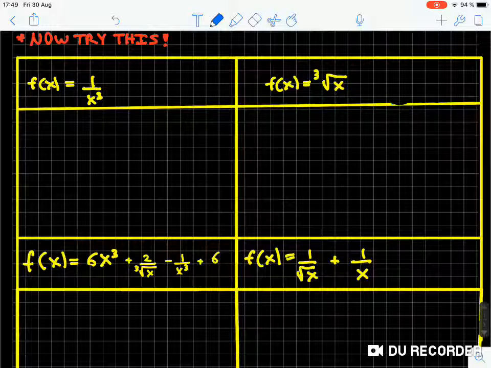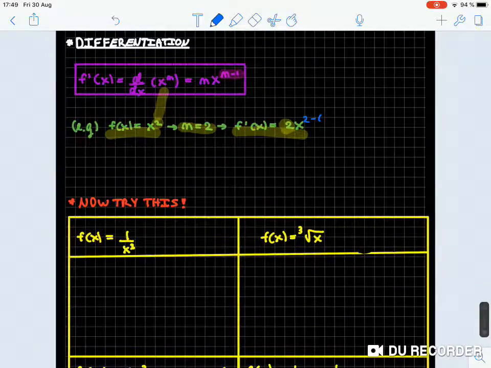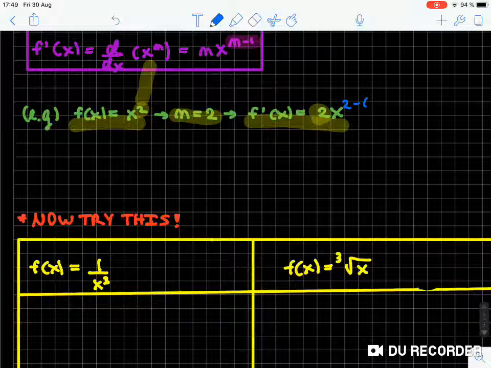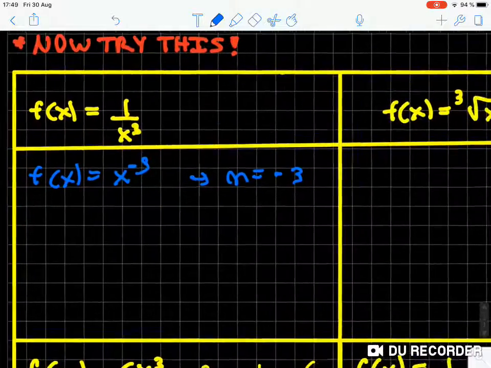Okay, so this one is a rather easy one, but as you can see, you always want to have your function in this format. So we have that f of x equals x to the minus 3. As you can see now, we have it in the form x to the power of n, where n is minus 3.